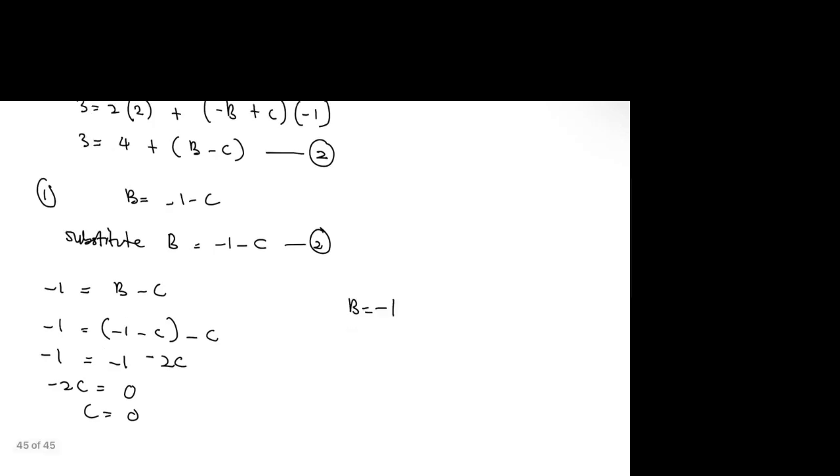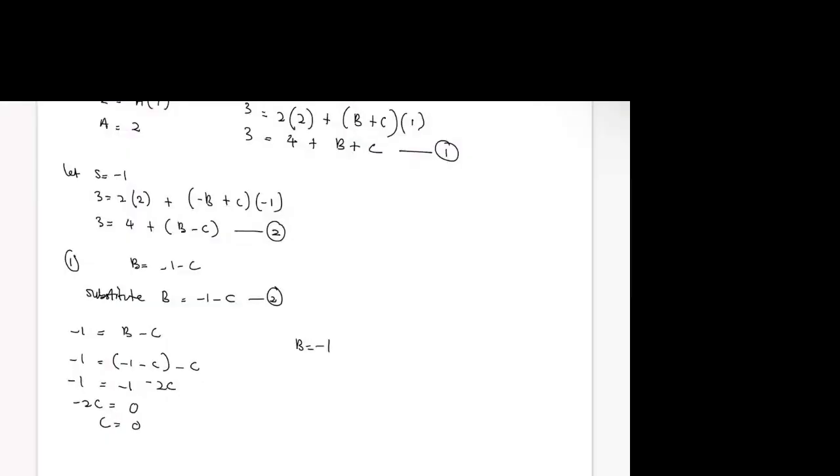So minus 2c equal to minus 1 plus 1, 0. So c equal to 0. So because c equal to 0, b equal to minus 1. All right. So I have a is 2, b equal to minus 1, c equal to 0.